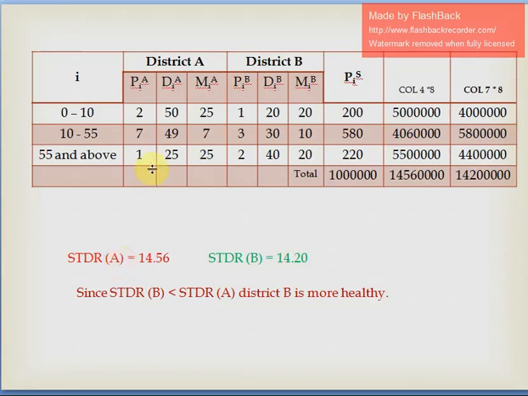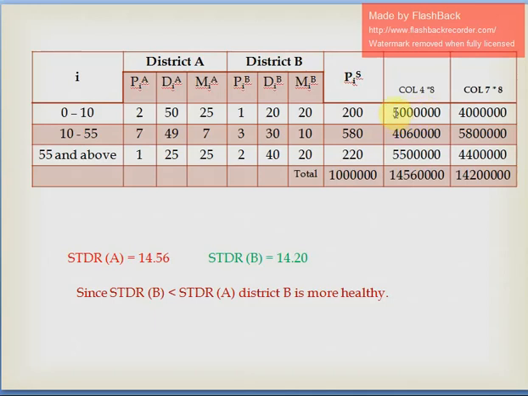That is summation of MIA into PIS divided by summation PIS. Now calculate this value. MIA is 25, which should be multiplied by PIS, that is 200,000. 25 multiplied by 200 is 5,000.